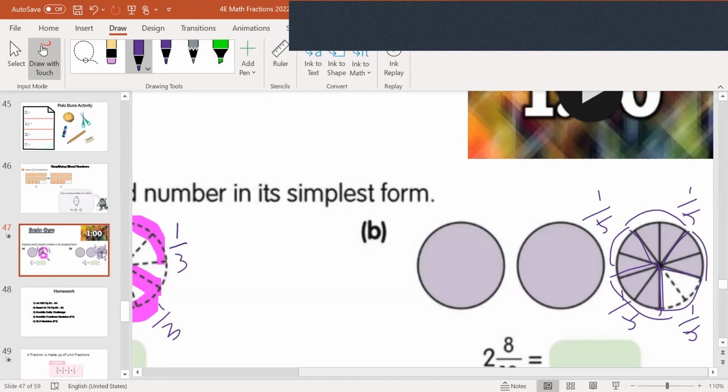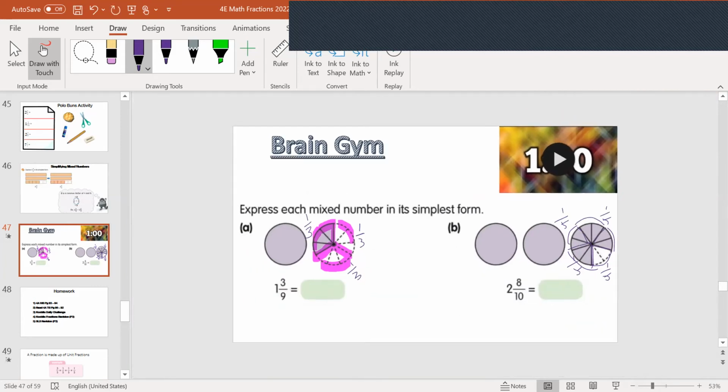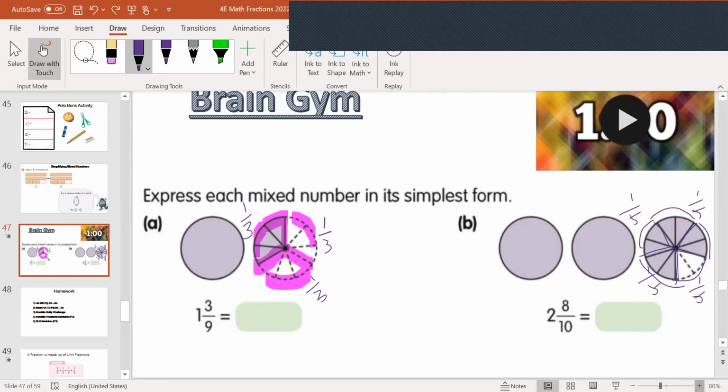So the common factor that I divide by, it was divided by 3, divide by 3, so it's 1 and 1/3. The 1 whole stays the same, and then this one you divide by common factor of 2, you get 2 and 4/5. Is that okay? All right, yeah.